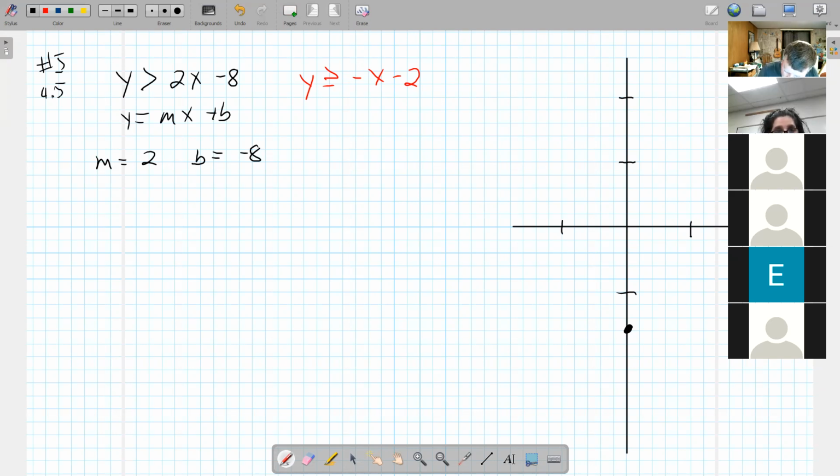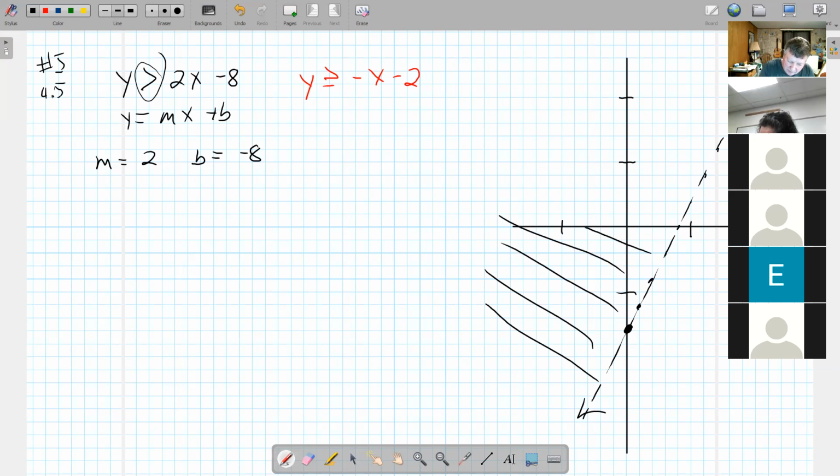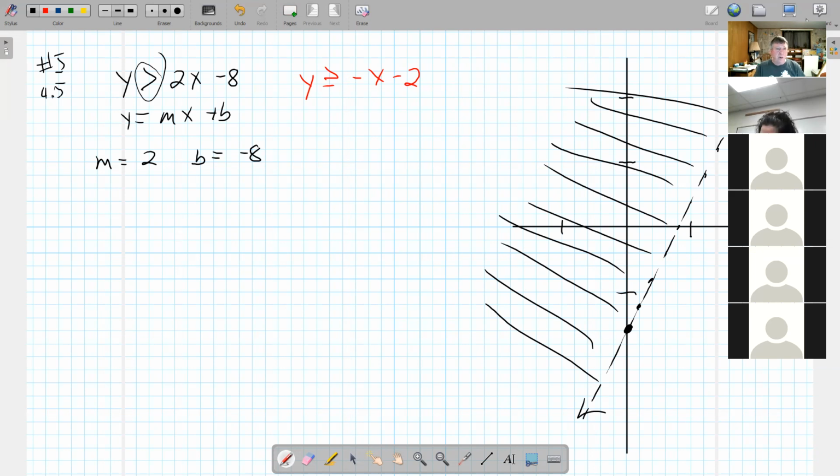And then using the slope, we'd go up 2 and over 1, up 2 and over 1, etc. Because it does not include the equal sign, our line that we're going to graph is going to be a dotted line. Okay. Then it says y is greater than, so we would be shading above that line. So that would be the part that's in black.